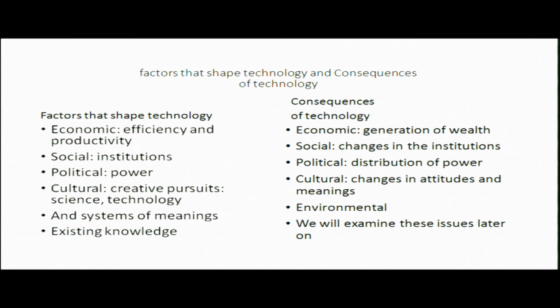Cultural changes, as I said, sometimes cultural conditions also can lead to new technologies and also bring about change in culture. Cultural changes include changes in attitudes and values, changes in meaning systems. For example, today most of the technological gadgets try to change our attitude towards life, the meaning system that we have about certain aspects.